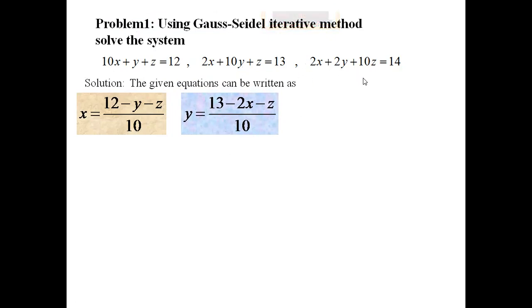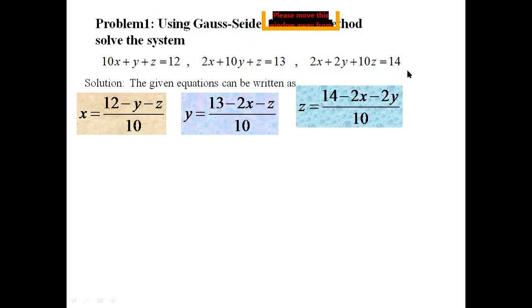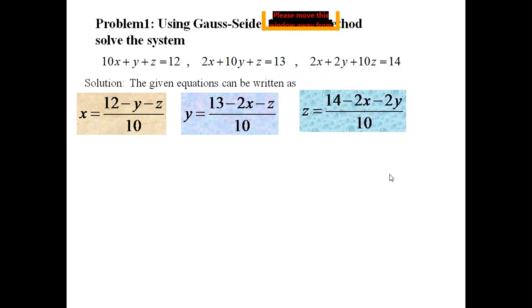From the last equation, the last variable must be written in terms of the other two variables. So 10z = 14 - 2x - 2y, so z = (14 - 2x - 2y)/10. So the first step is rewriting the system in this form. This is the iteration formula, right?